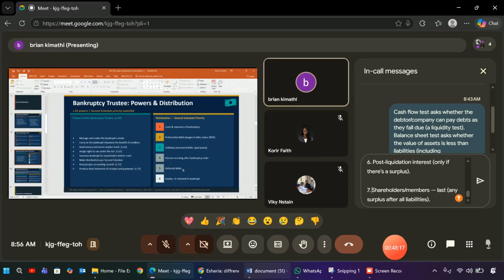But when you go now to ordinary unsecured debts, the reason why these rank pari passu, first of all, these unsecured debts are where you as the business acquire these debts. So for example, it's a hardware business selling cement.